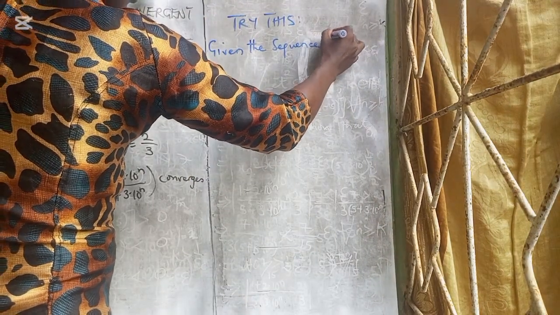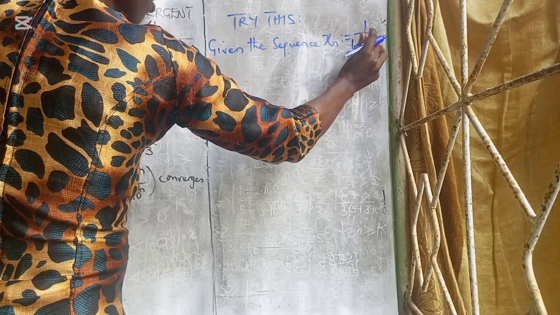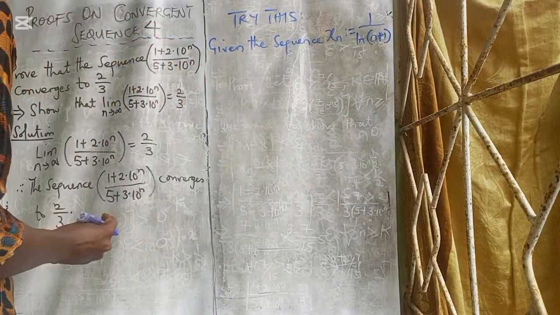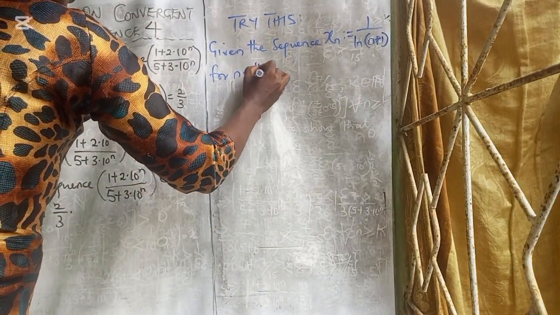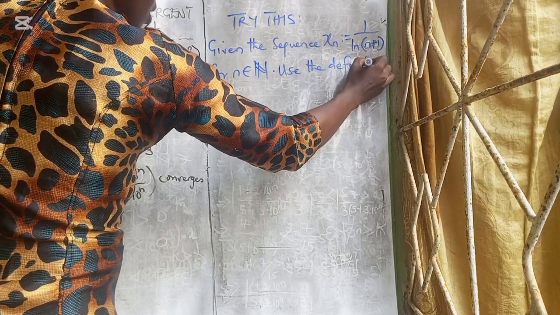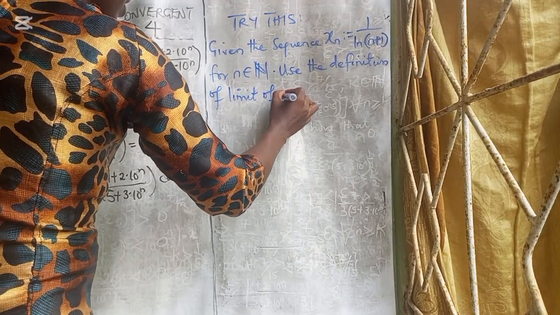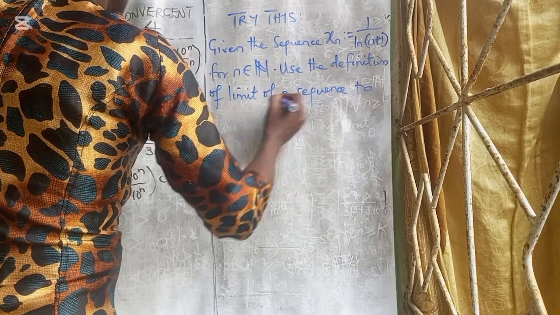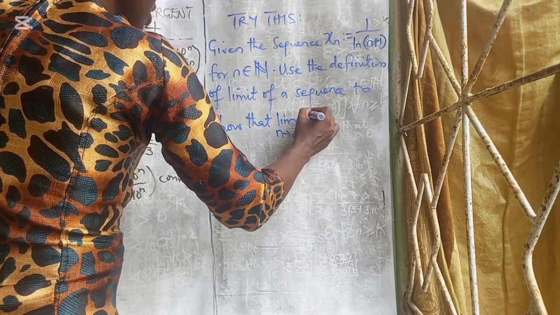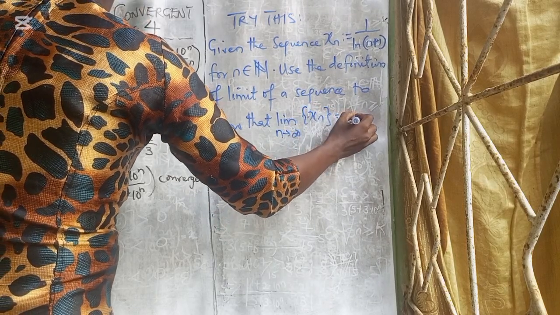Given the sequence xn defined as 1 over the natural log of n plus 1 for n belonging to the set of natural numbers, use the definition of limit of a sequence to show that the limit as n tends to infinity of that sequence xn is equal to 0.